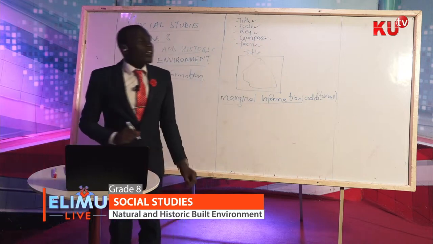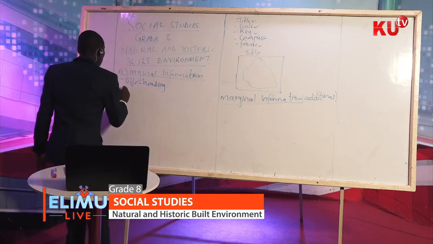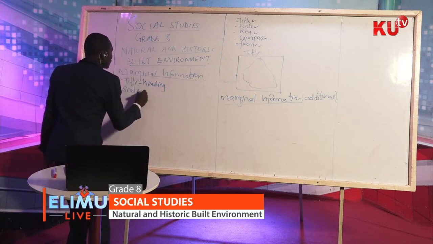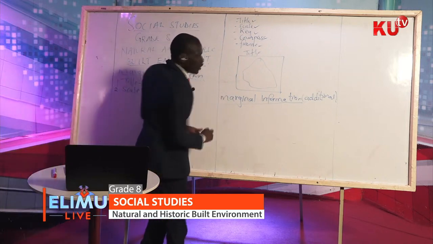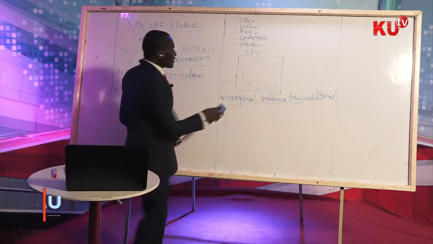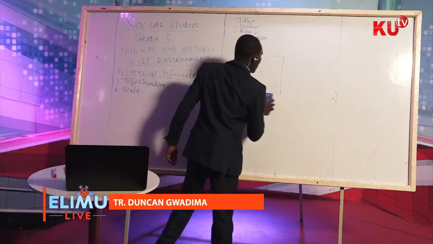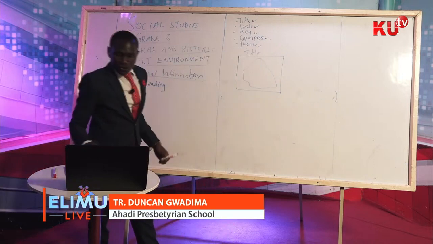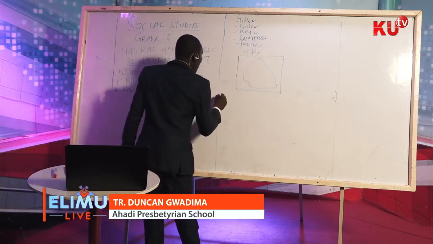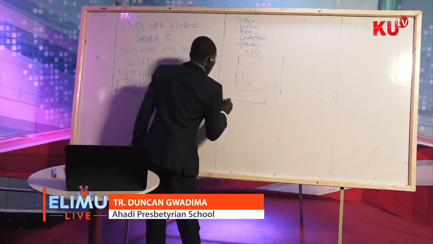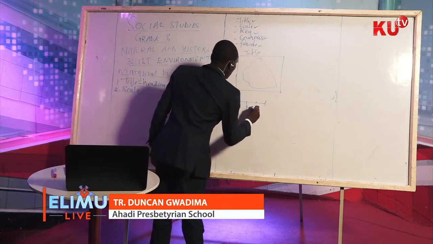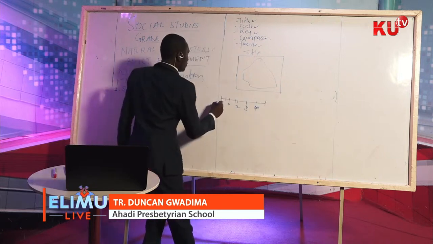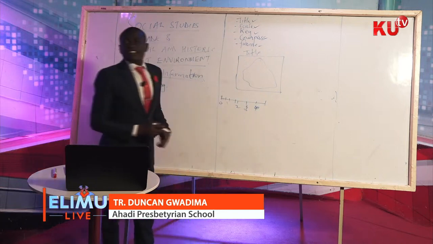Then number 2, we have the scale. The scale is also marginal information because it is not written inside the map. The scale can be written here; this is the scale.